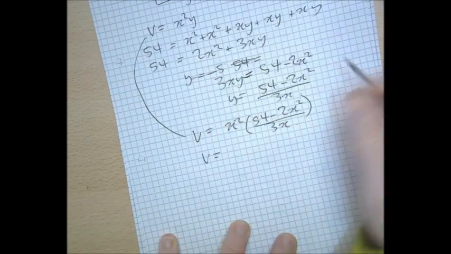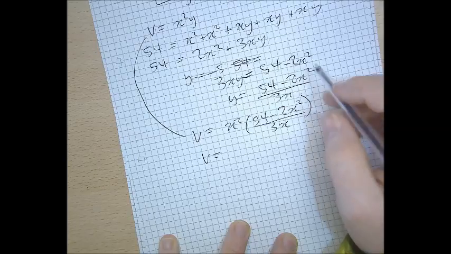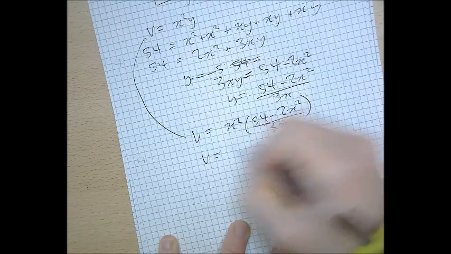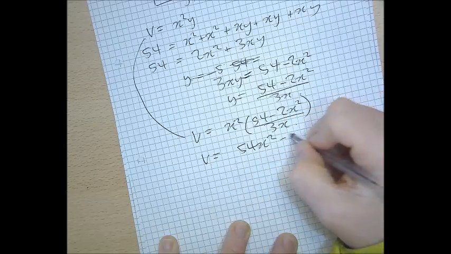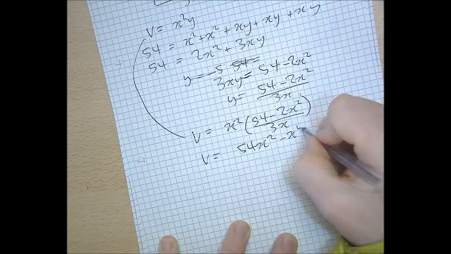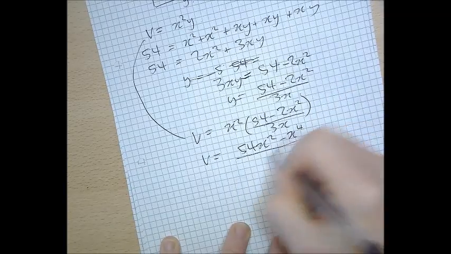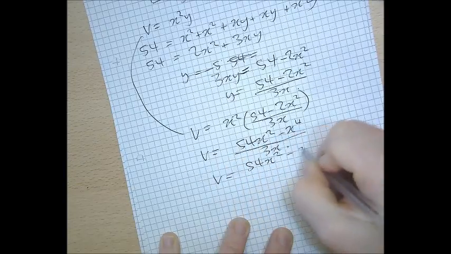Which I'm going to expand the bracket, 54x squared minus 2x to the power of 4 all over 3x. I'm going to unadd that fraction.